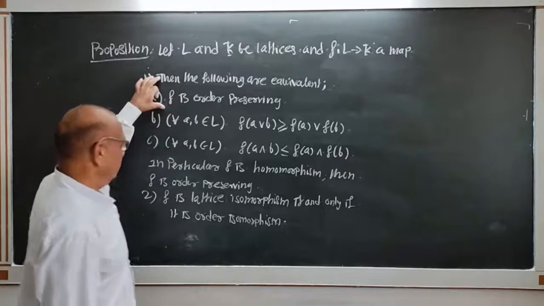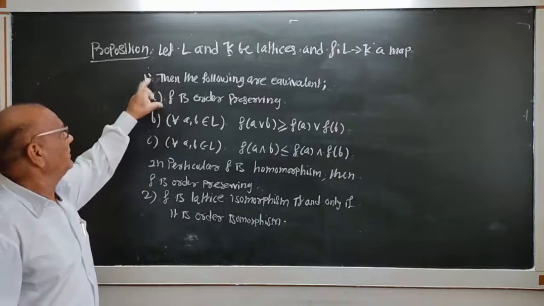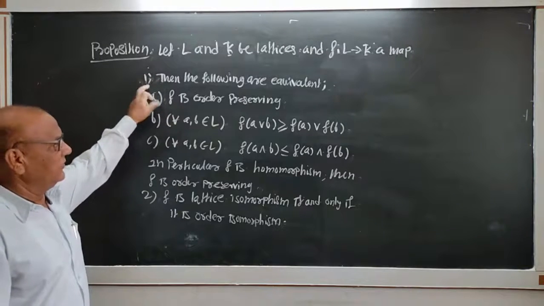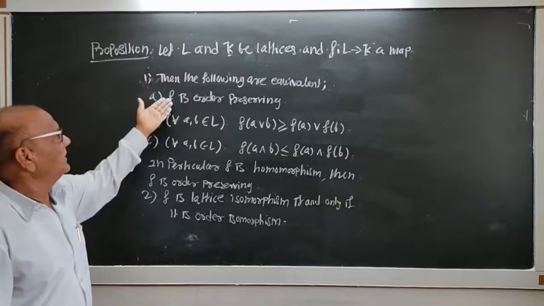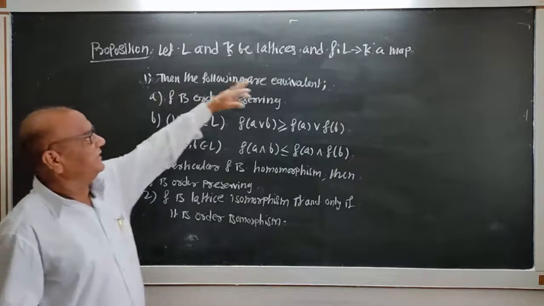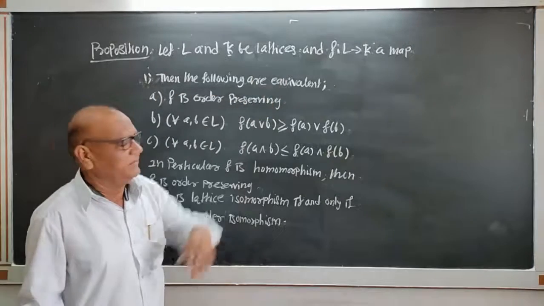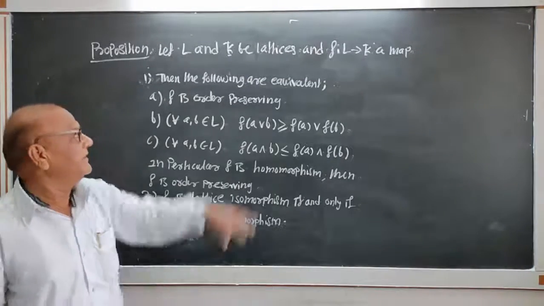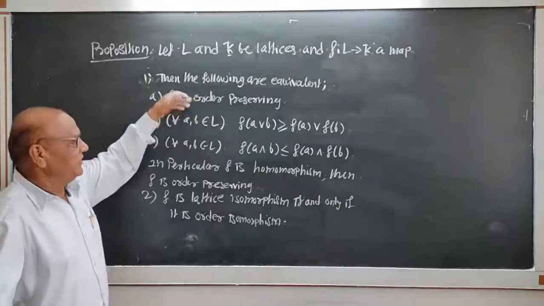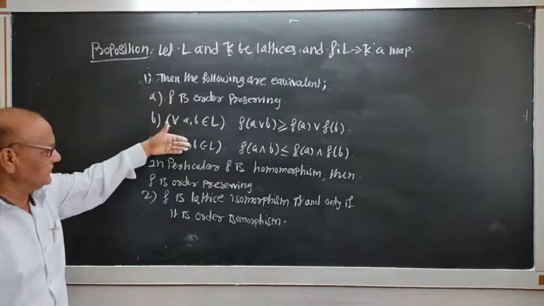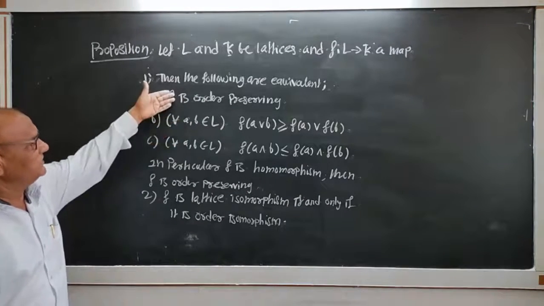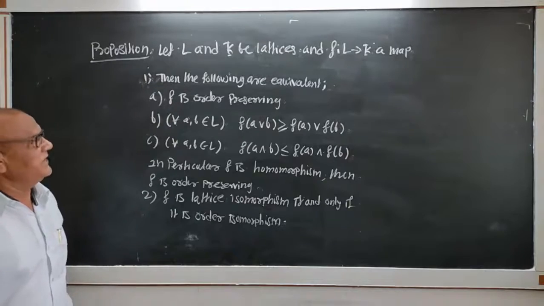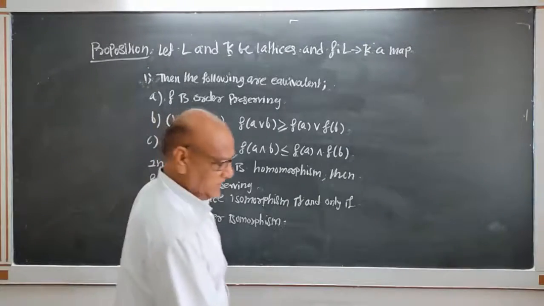Here we first show the equivalence. F is a mapping from L to K, given. Take F order preserving and show B and C.